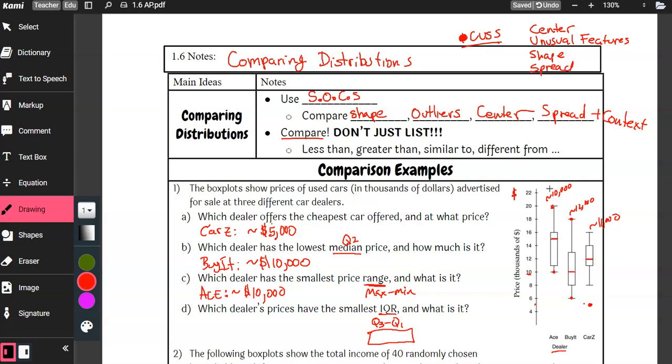So we could see that Car Z, if you compare the size of the box, it's a lot smaller than these two. So Car Z would have the smallest IQR, and this is asking for what is it? So maybe this is 11,000 to 14,000. So 14,000 minus 11,000, that's approximately $3,000. Okay.